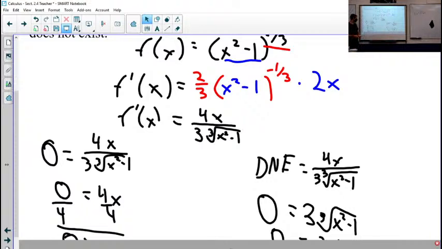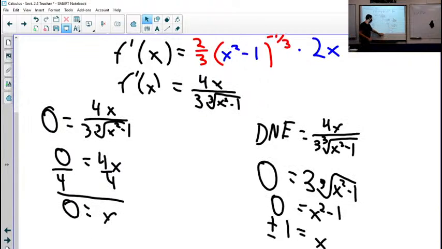If I plug in 0, I get negative 3 to the bottom. 1 or negative 1. X squared minus 1 factors into x plus 1 times x minus 1. Or you can take the square root of both sides, and if you do, you should have plus or minus. Whichever way is easier for you to think about. But you want to set that part equal to 0. And that's where you get your answer.